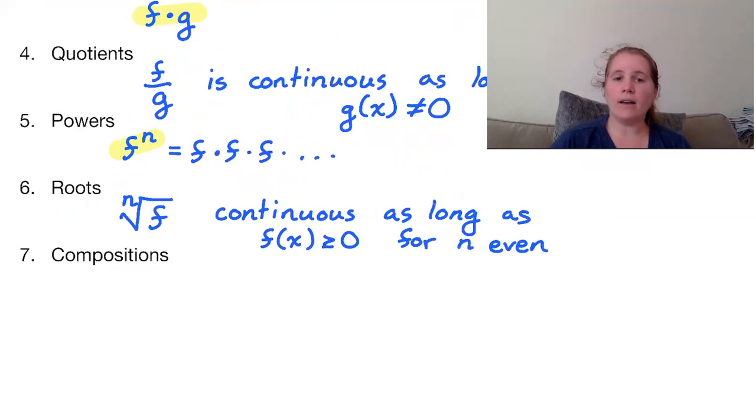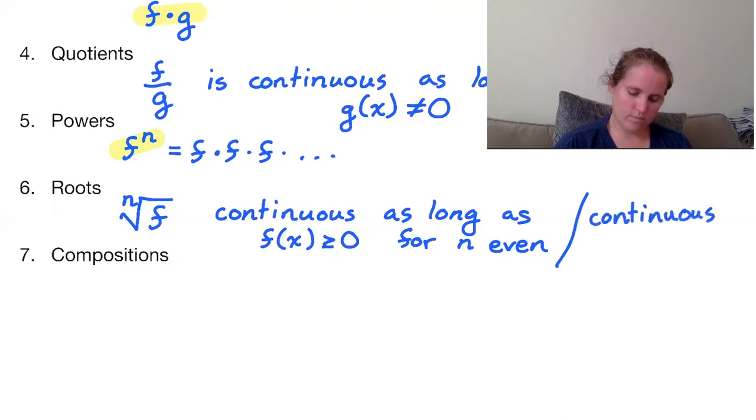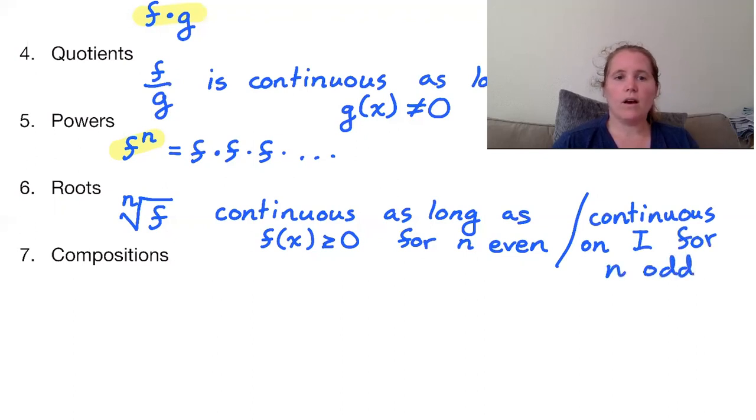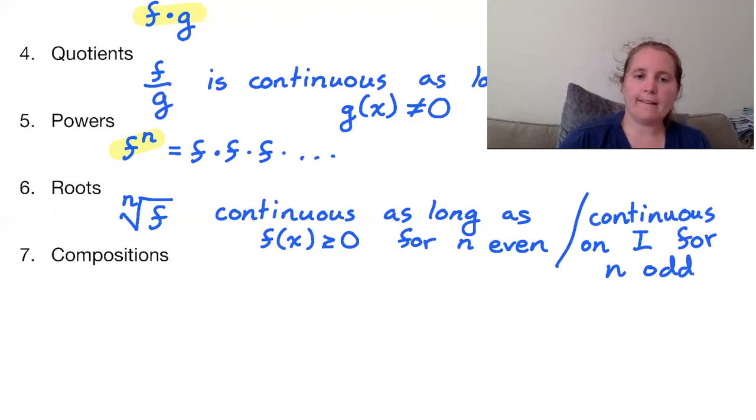For n odd, it's always continuous. So it's continuous on I for n odd. Again, this n was a positive integer in this case.